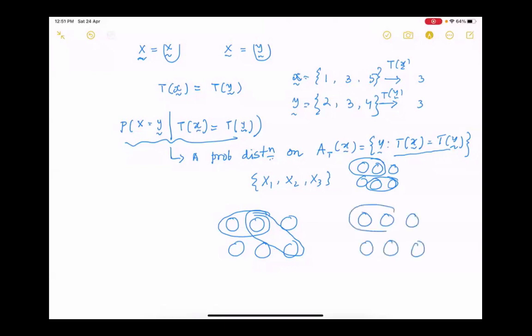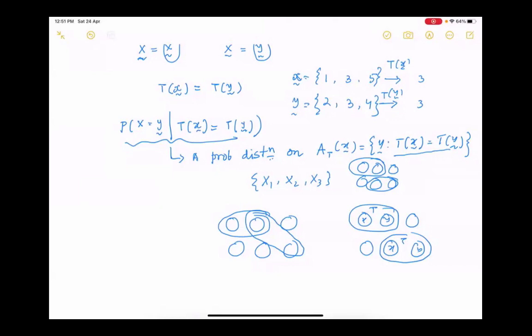Suppose this sample is an x and this is a y, and if you apply T, they will give you the exact same answer. And this is another x and y, and if you apply T, they give the exact same answer, and they're mutually exclusive. Then essentially you know the entire probability distribution, and you don't need any information about theta.